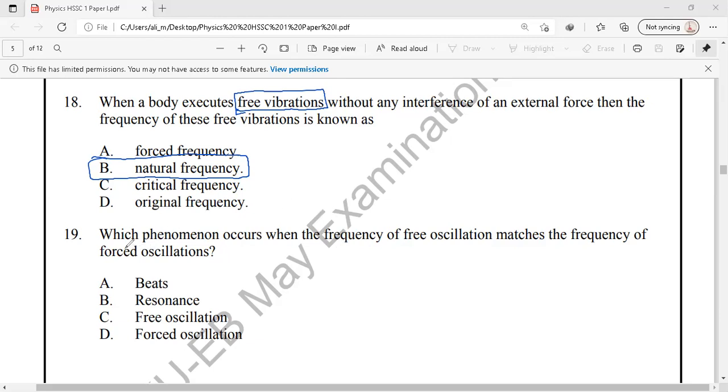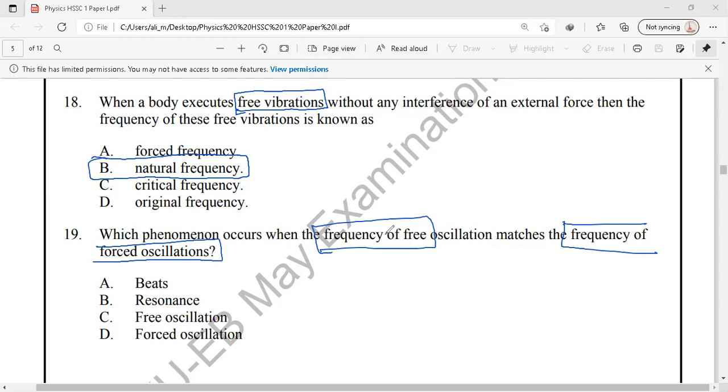Then we have question 19: which phenomenon occurs when the frequency of free oscillation matches the frequency of the forced oscillation? Every body has a frequency that is known as natural frequency, and the frequency of the force that produces vibration is known as the forced frequency.